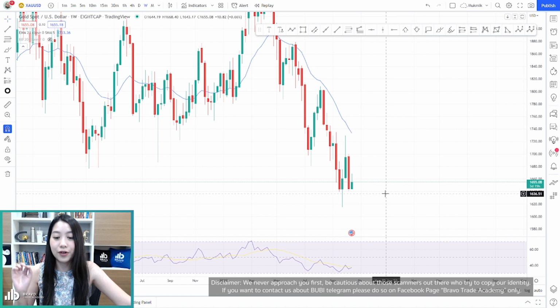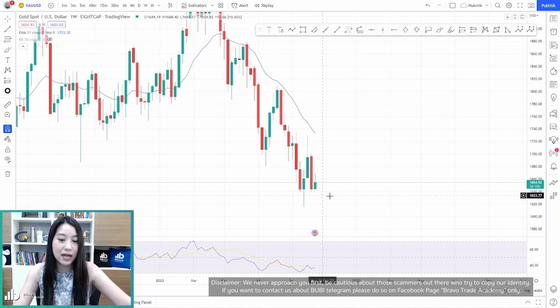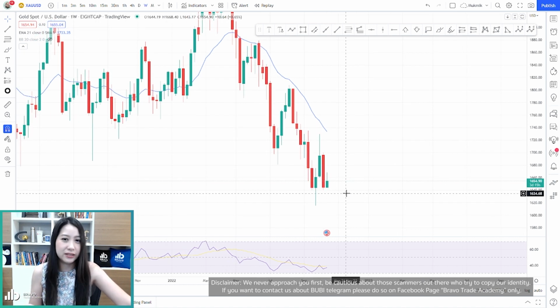However, from today, it has not made the lower low from last week's yet, so I would say there's a chance that the price could go a little bit further down. If it wants to continue to go up, it will need to make a lower low to form the reversal bar for us. If not, the price will continue to go straight back down.